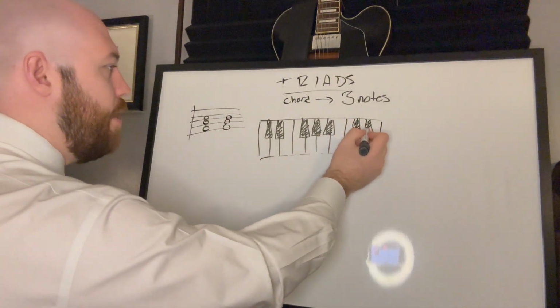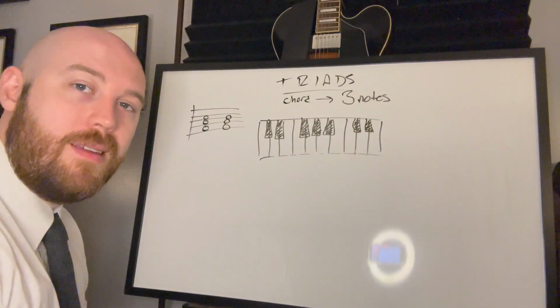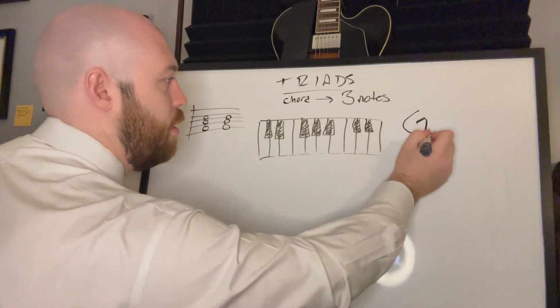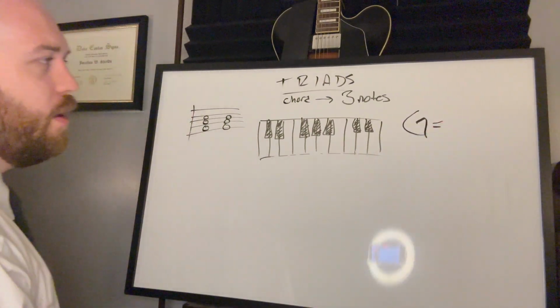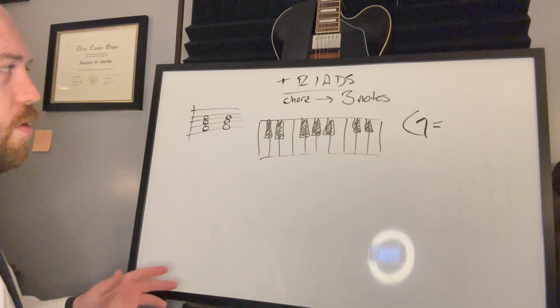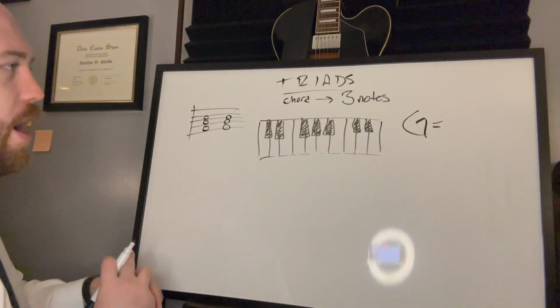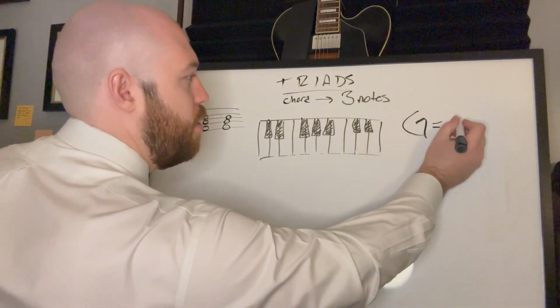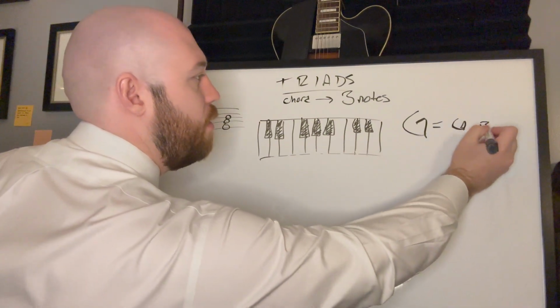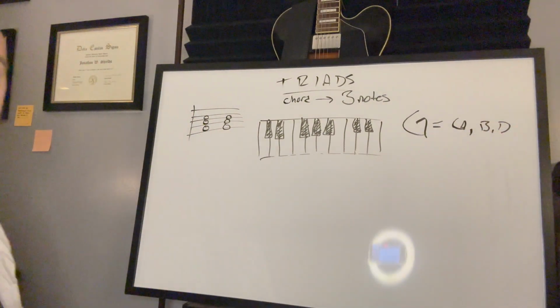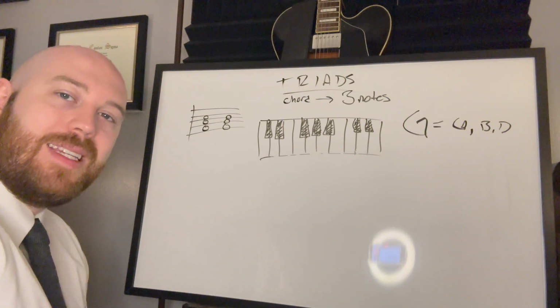Okay, so let's take the chord G, for example. G chord. All major chords, all minor chords, any triad is just made up of the 3 notes. You just have to know which ones. G, for example, is made up of a G, a B, and a D.